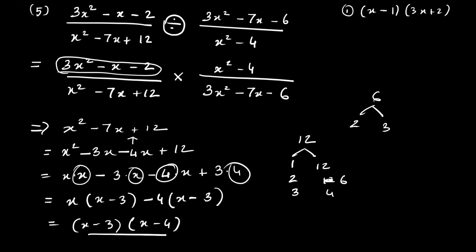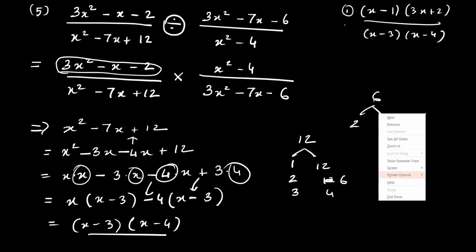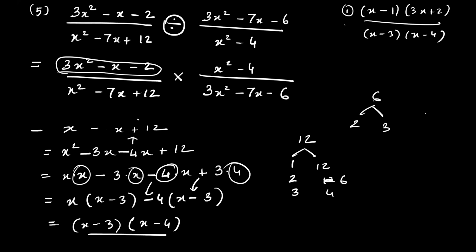What I have told you all before is if minus goes outside, then the middle sign changes. Change matlab plus se minus hoga. Yes. Okay. So that means the denominator later I'm going to write is x minus 3 and x minus 4. Okay, let me erase this now. Okay, Amberlyn, I'll pick someone else now. Thanks for answering. Thank you, sir.